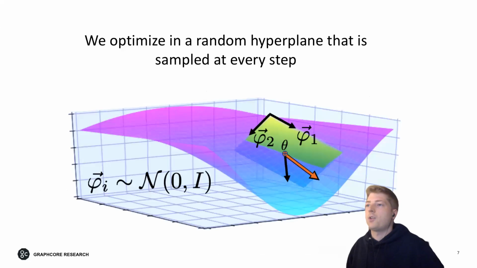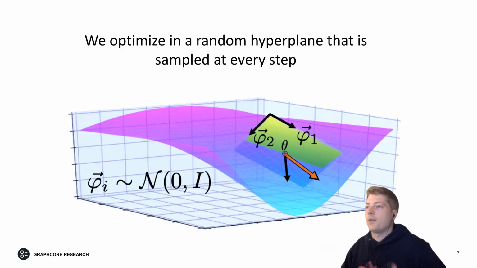So here's a picture or illustration of our approach. You can see the loss surface in a bluish color here, and the normal SGD gradient computed is denoted in orange here. And what we would do now is basically sample a random subspace that is illustrated in green here.